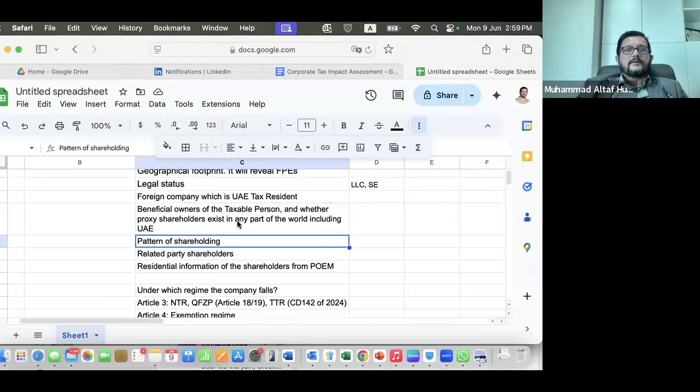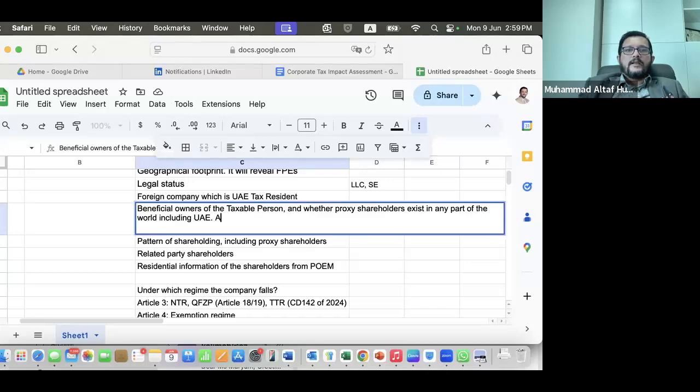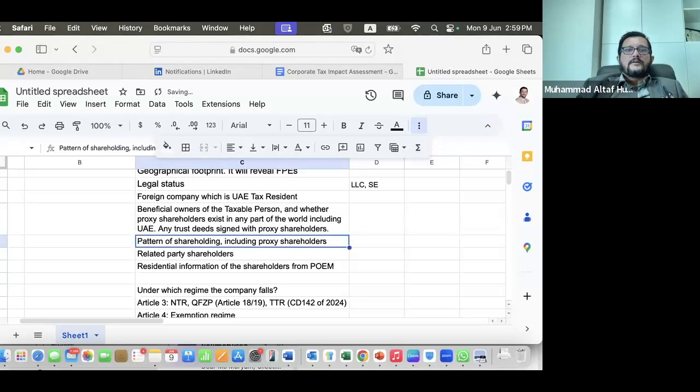Pattern of shareholding we have also found, including proxy shareholders that exist in any part, including UAE, and any trust deeds signed with proxy shareholders. That also we will ask.